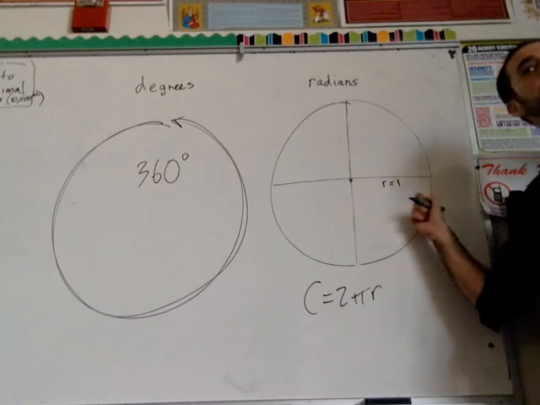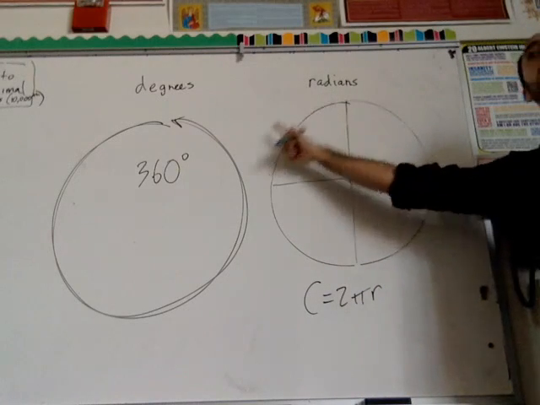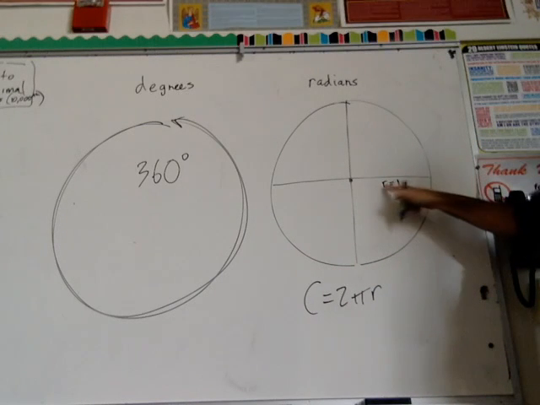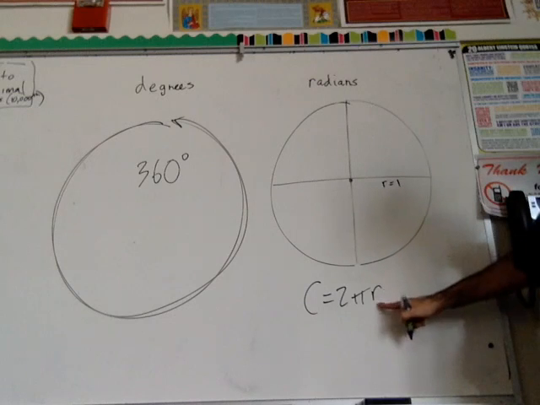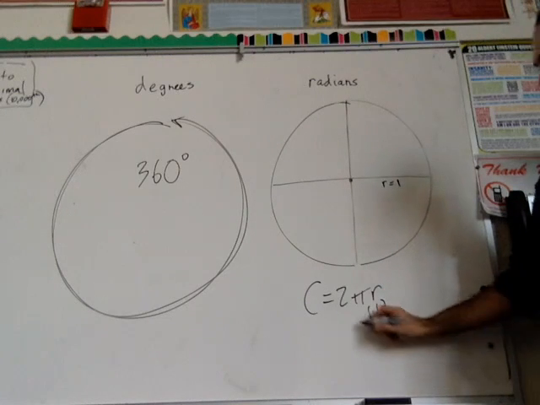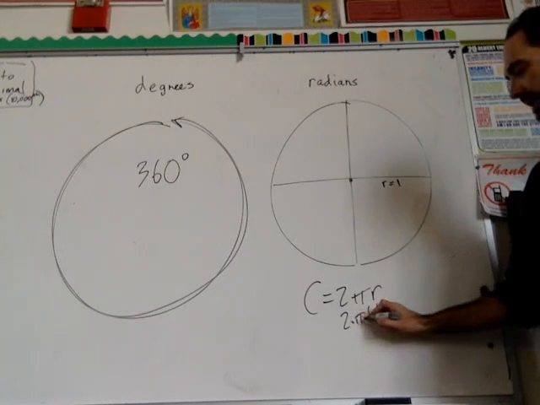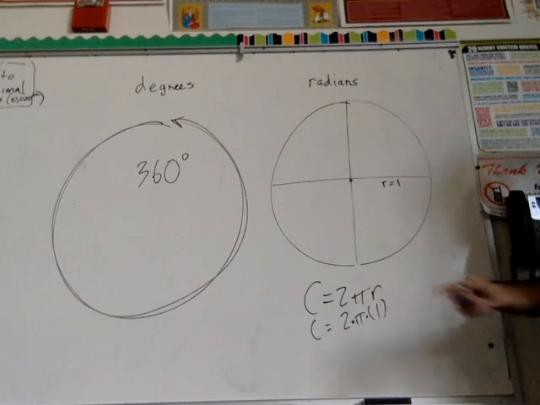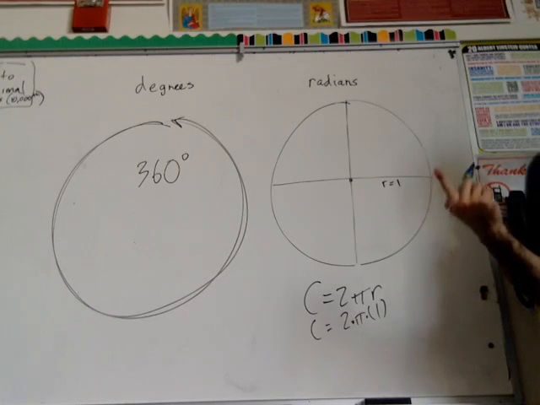If the radius is 1, how far is it to go all the way around the circle? What is my circumference? 2 times pi times 1. What would that be? 2 pi.